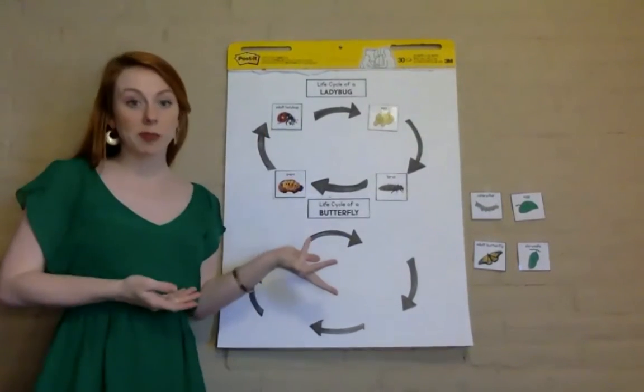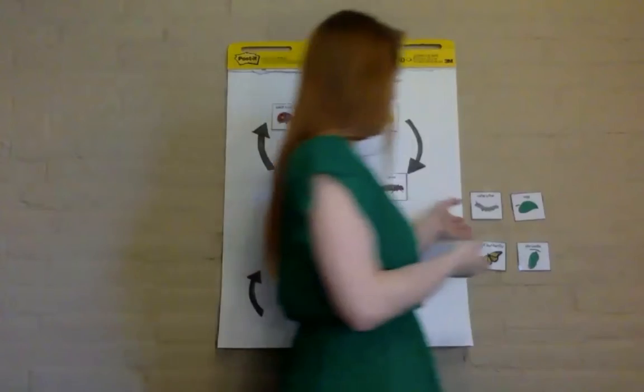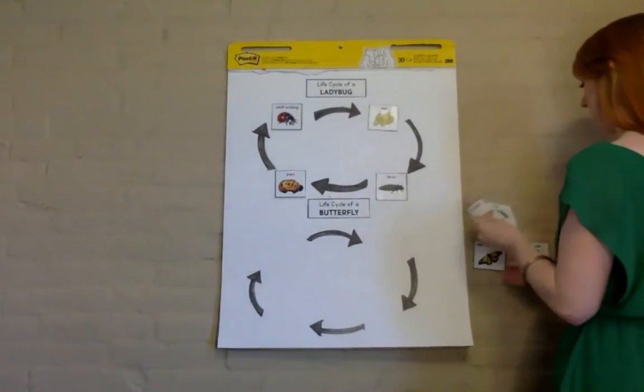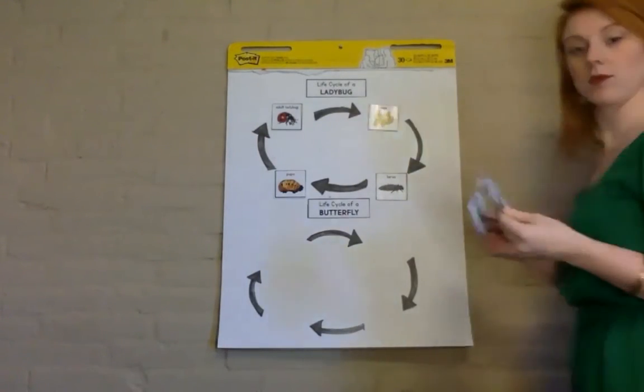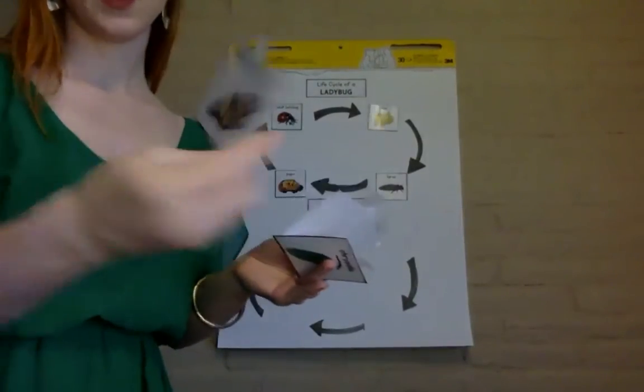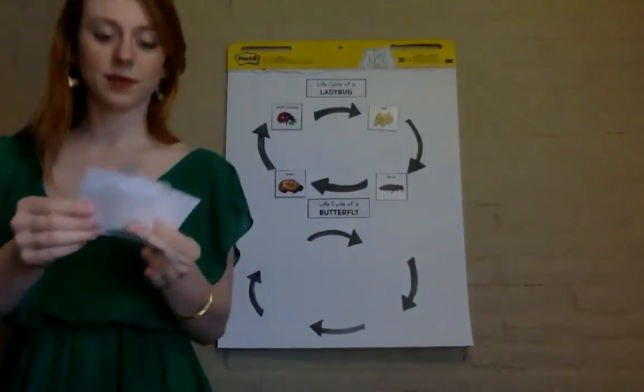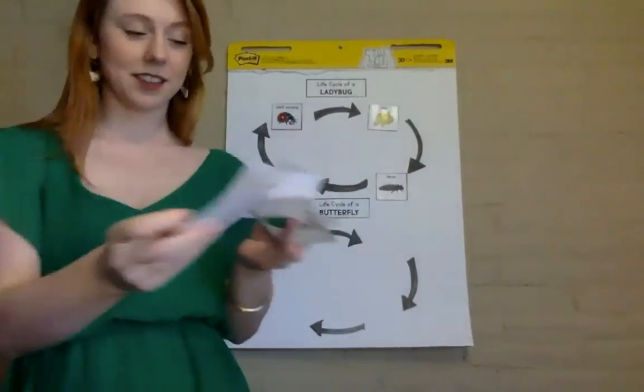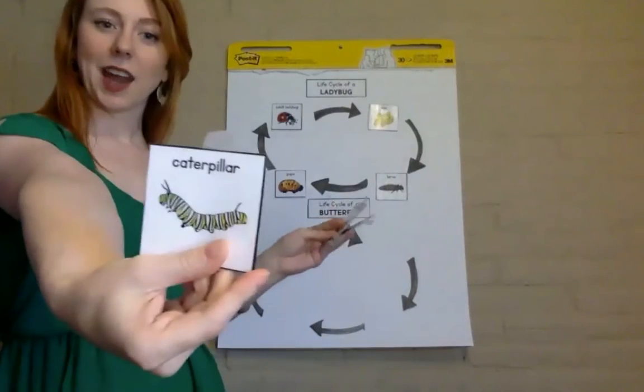As for the life cycle of the butterfly, we have a chrysalis, an adult butterfly, an egg, and a caterpillar.